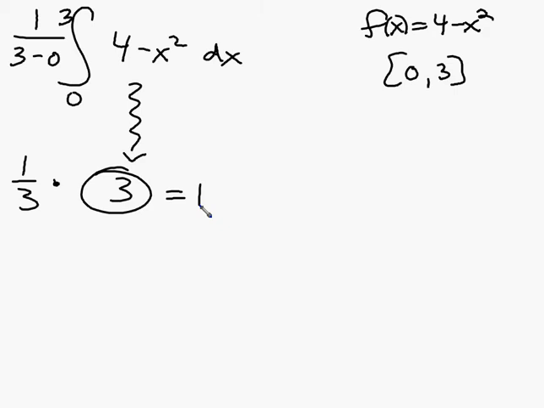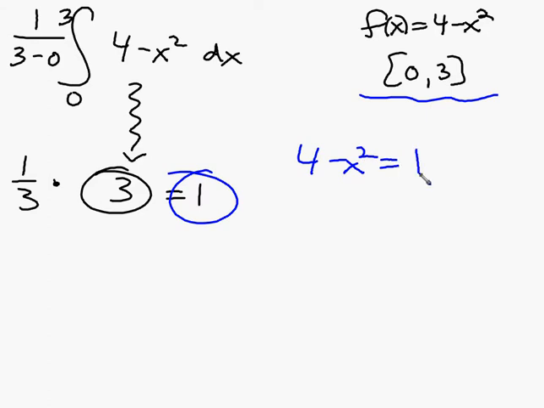So what the mean value theorem says is there is at least one value c in this interval that when I plug it into the function, I will get 1. So we set 4 minus x squared equal to 1 and subtract 4 from both sides.